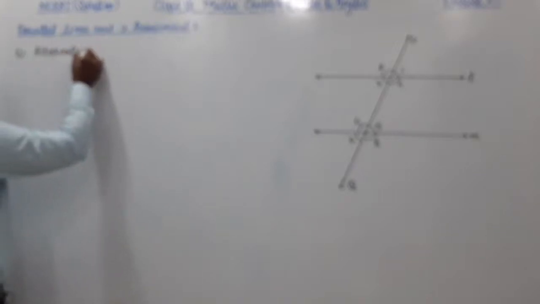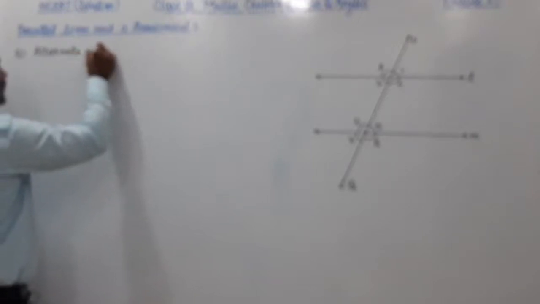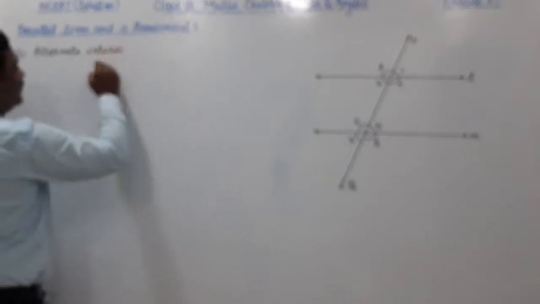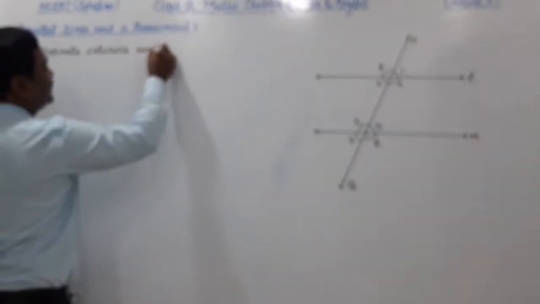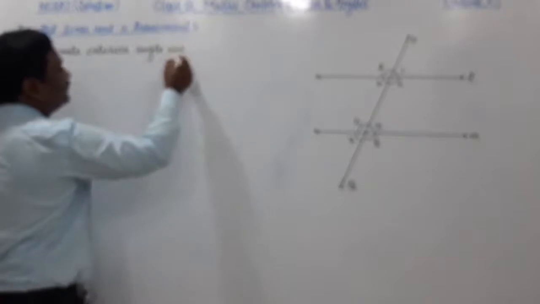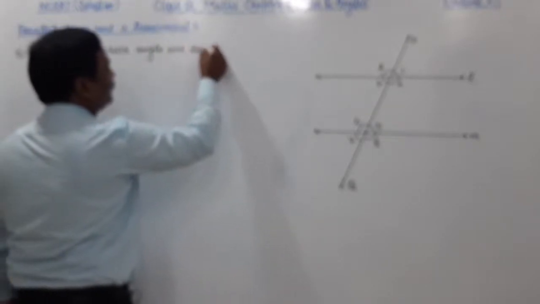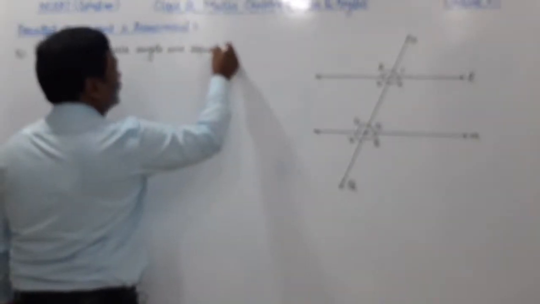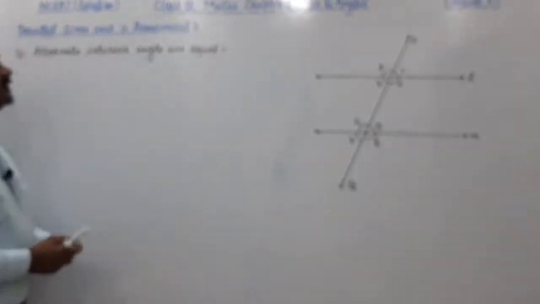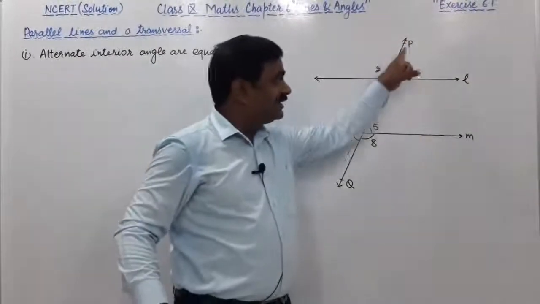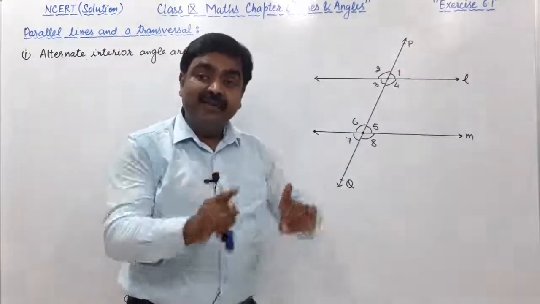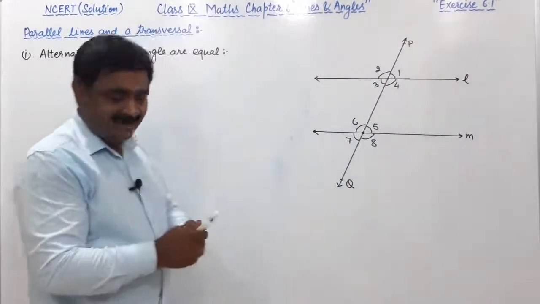Understood, friends? It means when two parallel lines are intersected by a transversal, then alternate interior angles are equal.